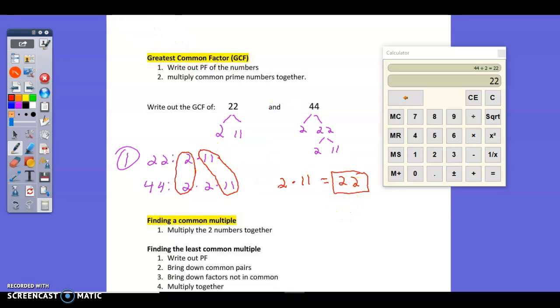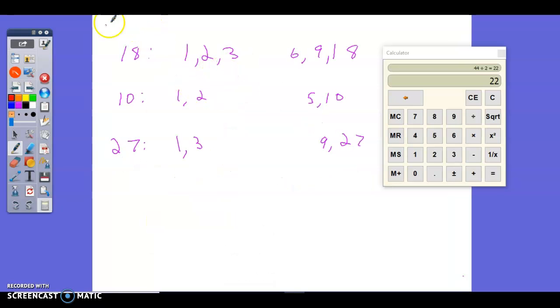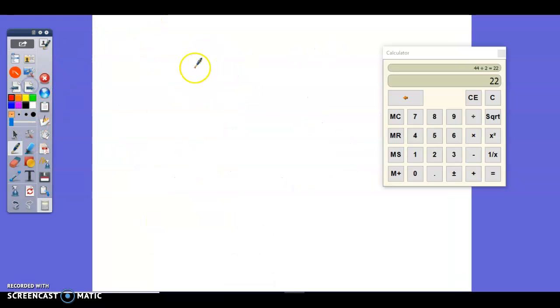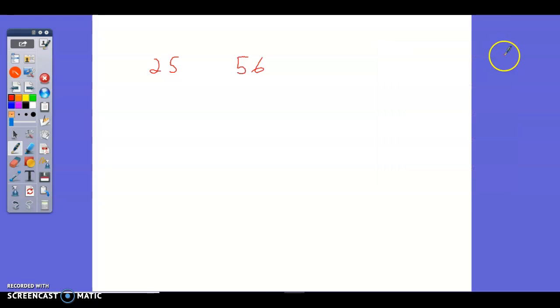All right, so we're going to practice one more. We're going to find the greatest common factor of, let's do 25 and 56. All right, so what we're going to do is break down the prime factorization of each of these.